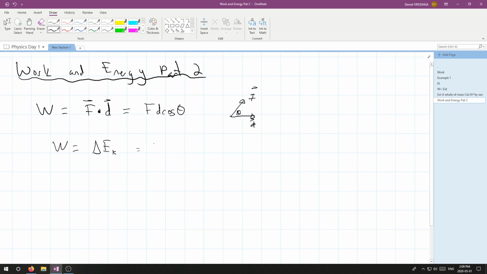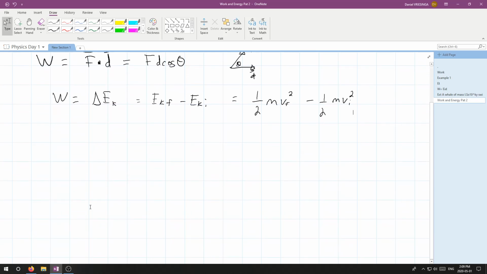That was just EK final minus EK initial, which we derived as 1/2 mv squared. So 1/2 mVf squared subtract 1/2 mVi squared, like that. So that was the work done on an object to increase its speed.